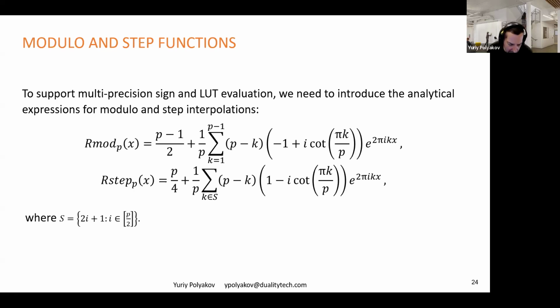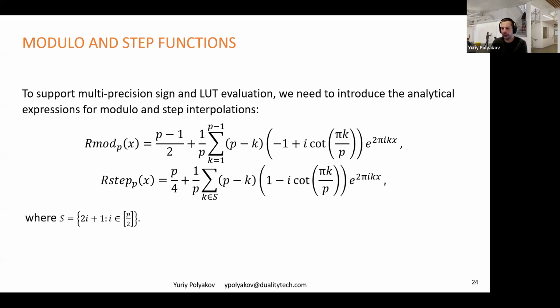So to accommodate this and to support, let's say, 32-bit arithmetic, something that is of interest and is often done for TFHE, we introduced a similar tool set that was developed for the TFHE family of schemes to this approach.